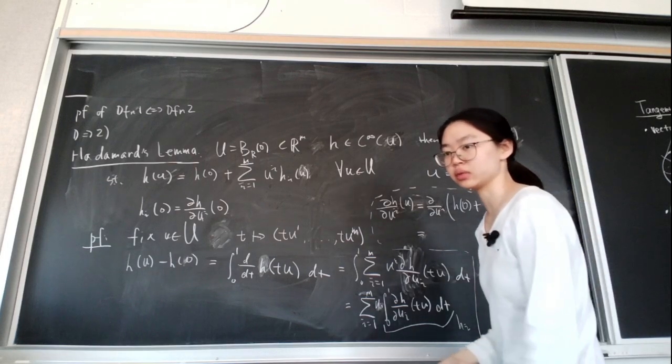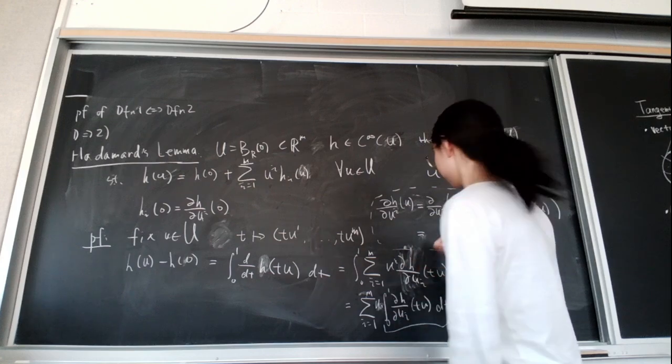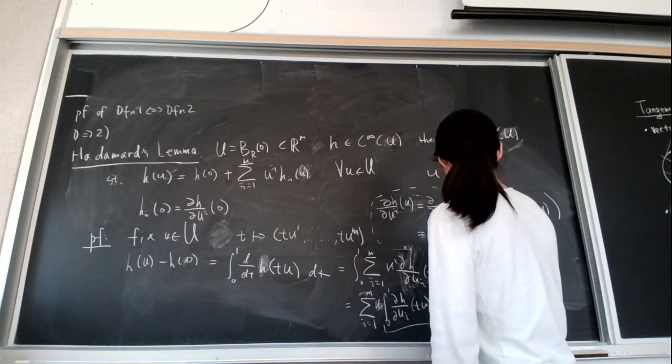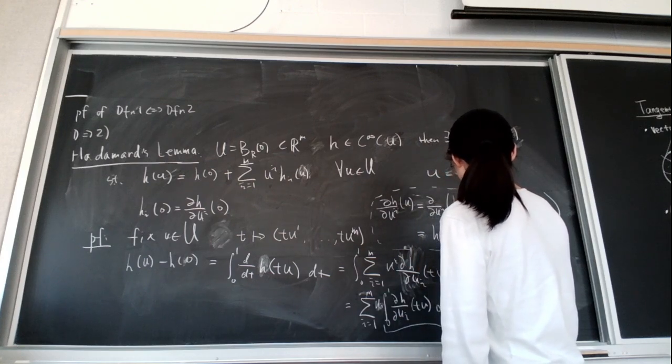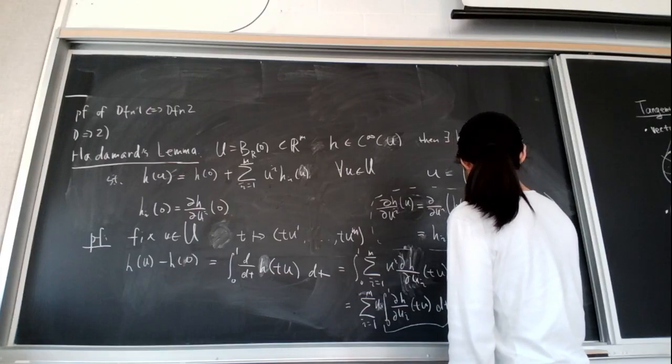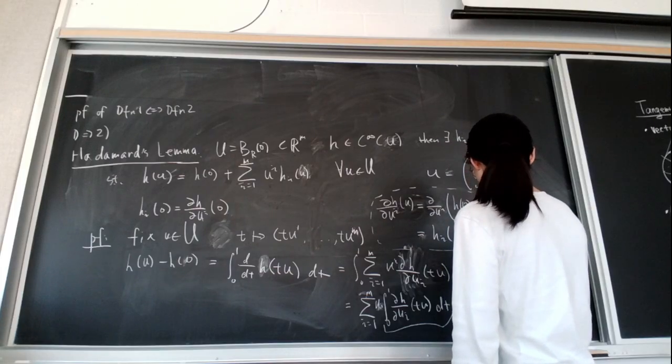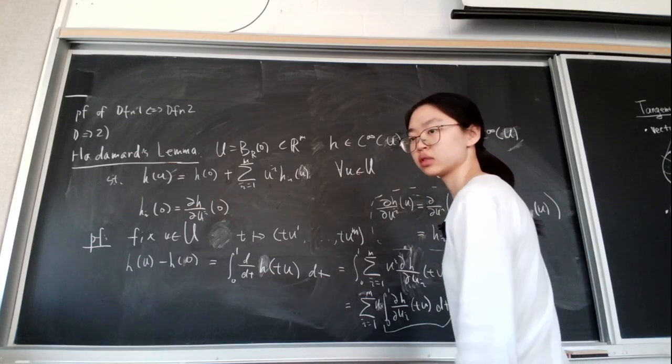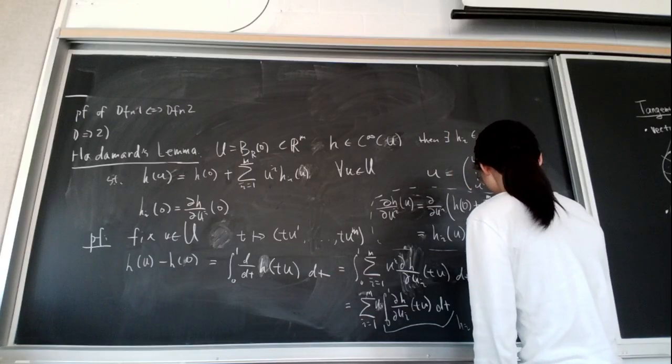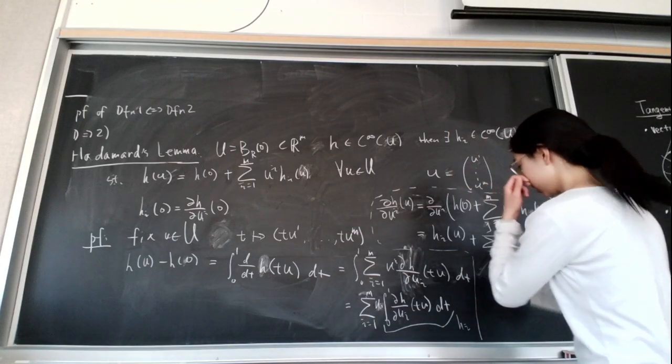And this gives you h_i of u plus sum over j.